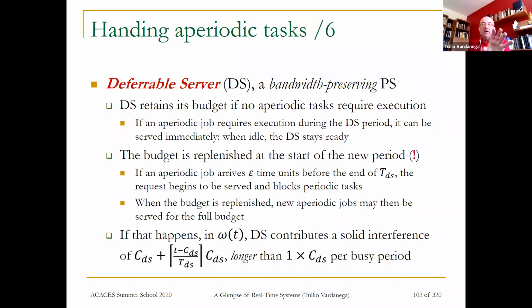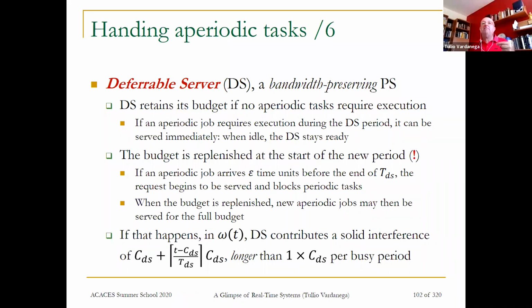The period comes, it is replenished, and has a queue with more aperiodic tasks, and therefore continues serving them. Now, from the perspective of a lower priority task, they are not happy, because the interference that they suffer across two periods is longer, because it is a continuum that spreads across the period before, in which it was pushed near the end serving, and it resumes interfering after it is replenished.